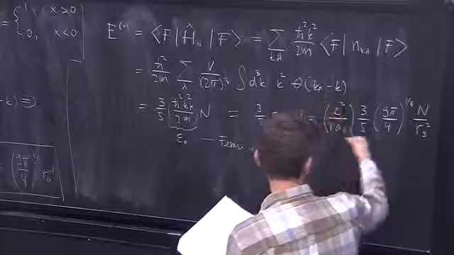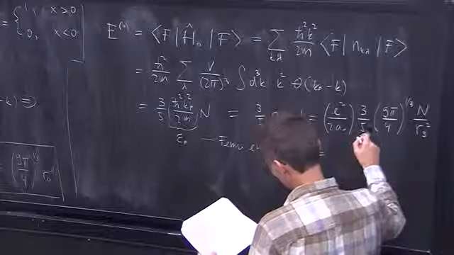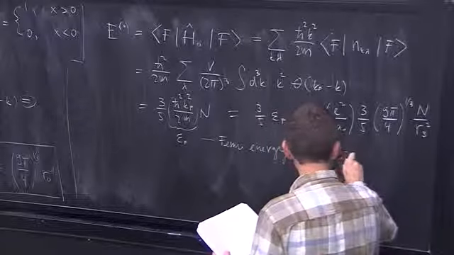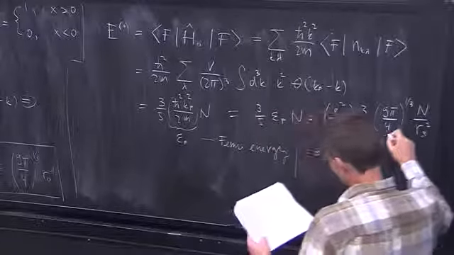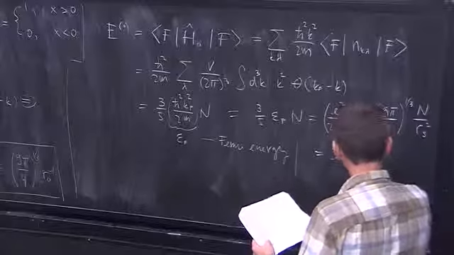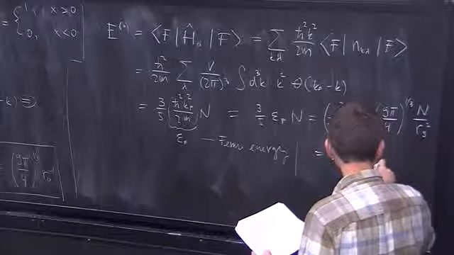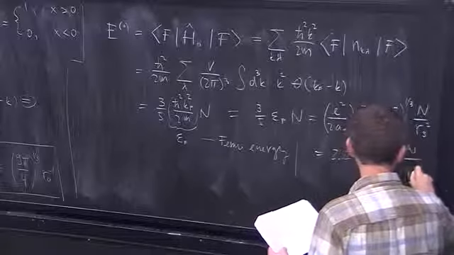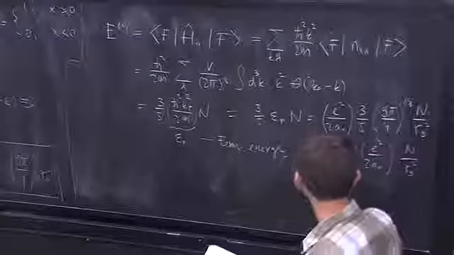And if I evaluate these various constants, I can also write it as 2.21 e squared over 2a naught, n over rs squared.